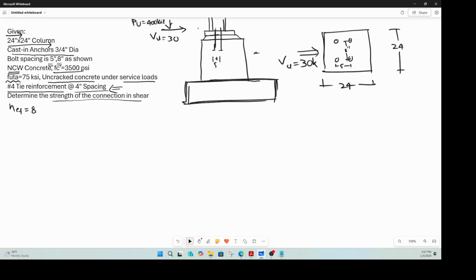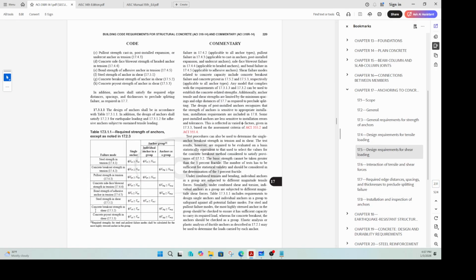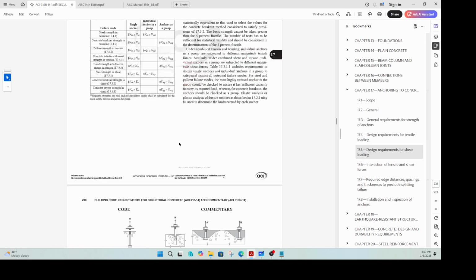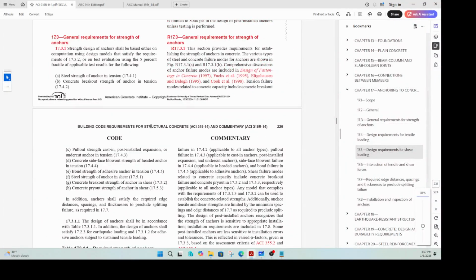So let's go back to the code and see what limit states we need to consider in shear, and then we'll come back to this canvas. Okay, so code again. That is all discussed in this section, which is roughly page 231. Okay, 231 here.